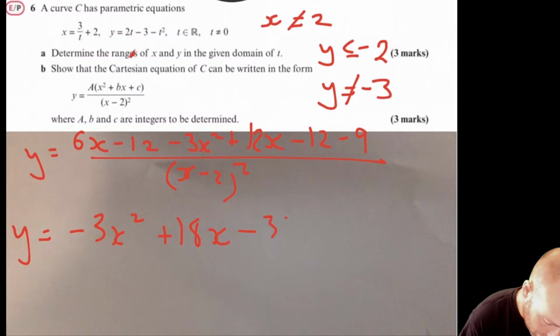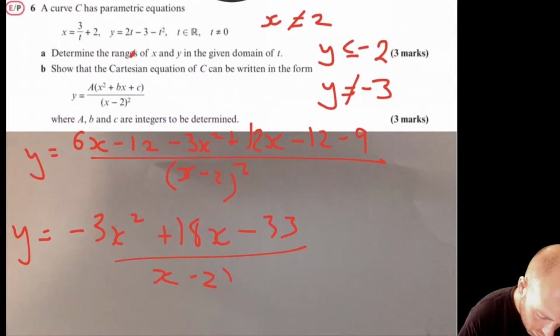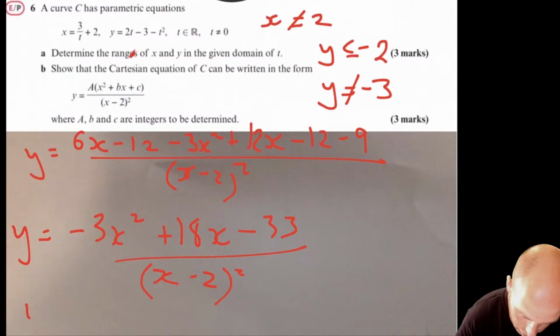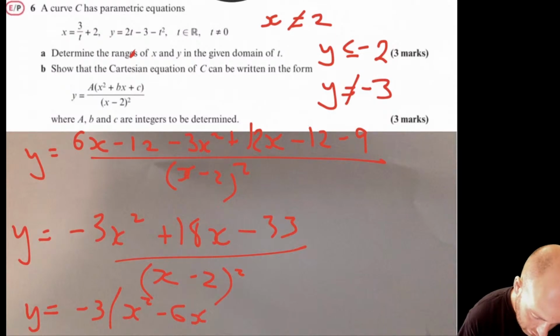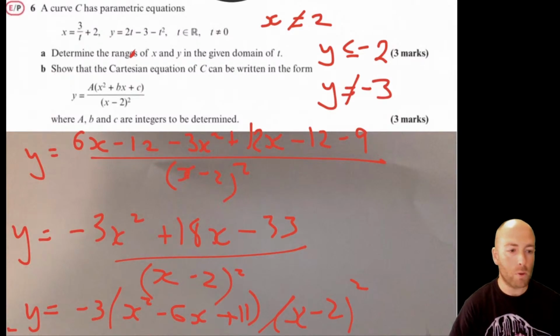Minus 33. Let's take out a factor of 3, or even minus 3, x squared minus 6x plus 11 over x minus 2 all squared. Cool, there we go.